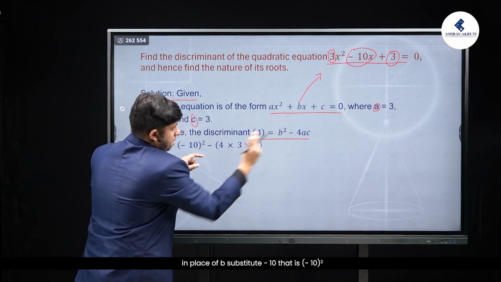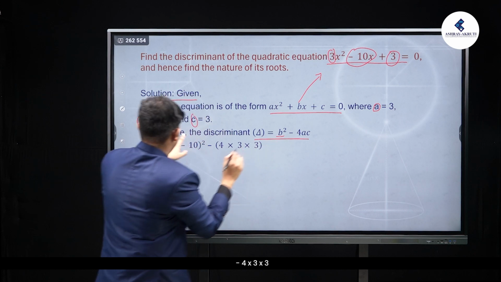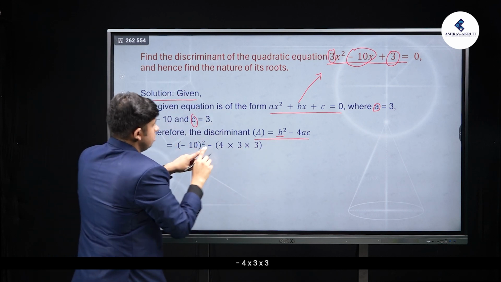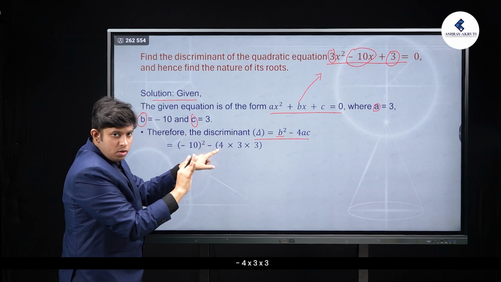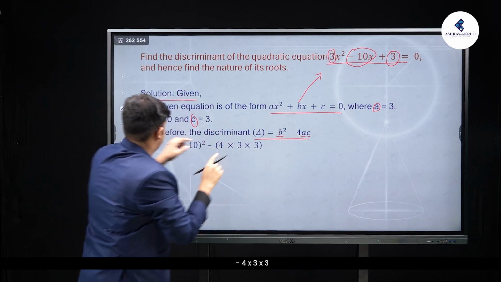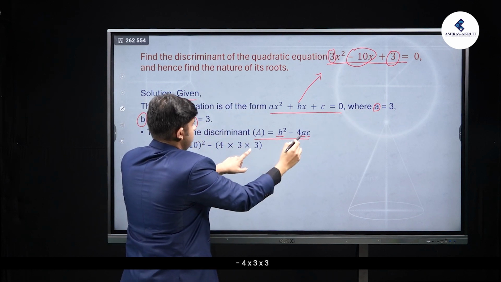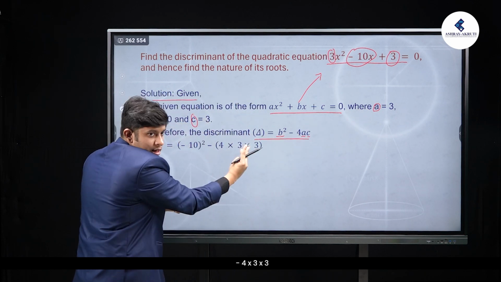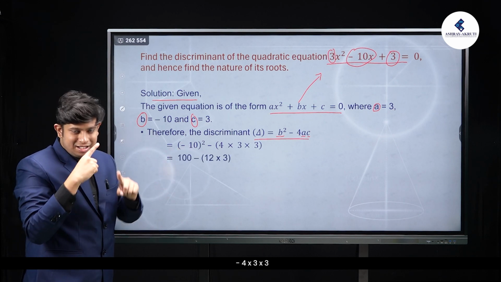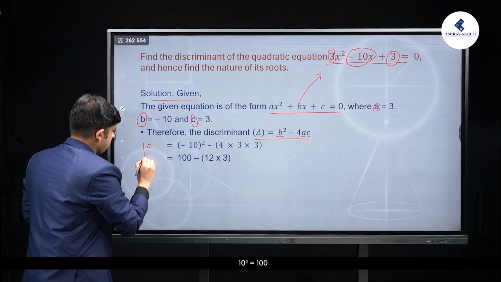In place of b, substitute minus 10, that is minus 10 whole square minus 4 into 3 into 3. Ten square is equal to 100.